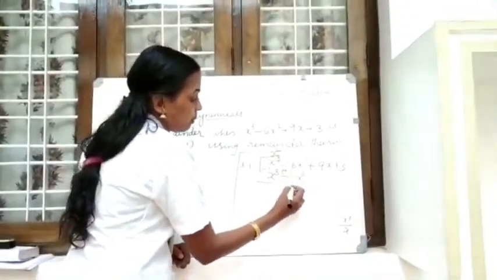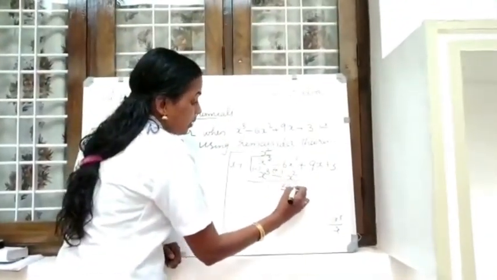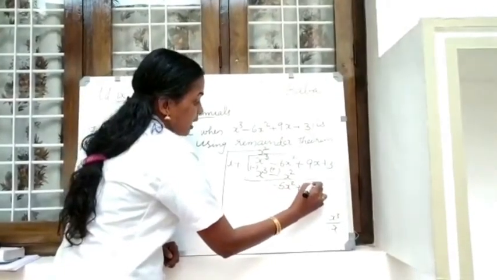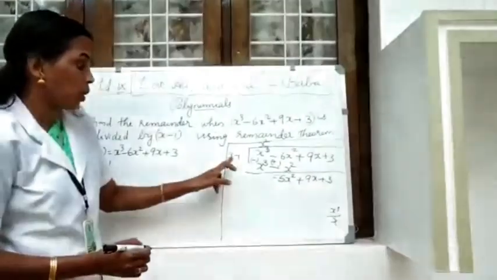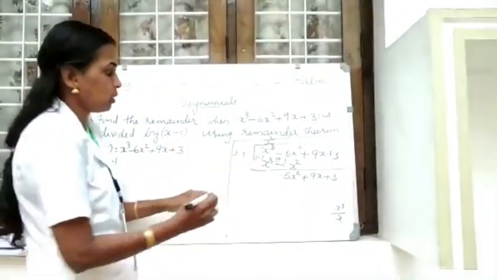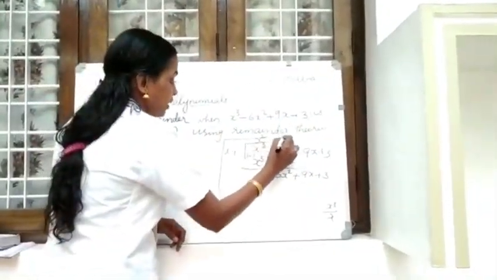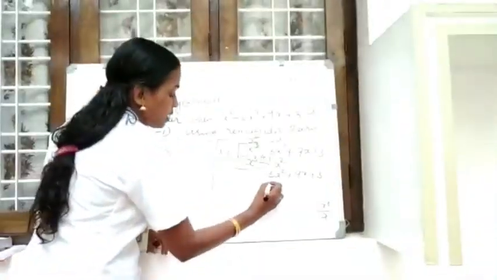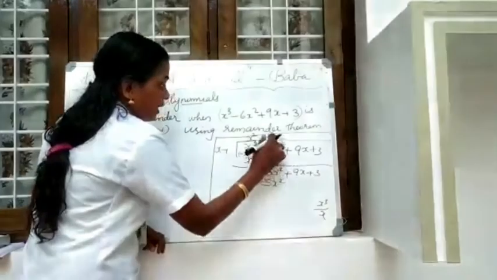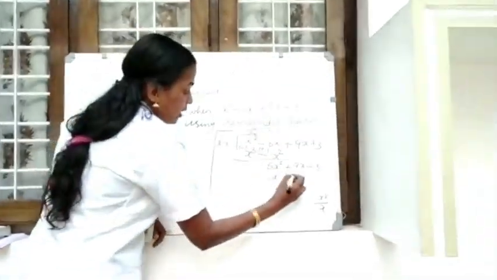Minus 6x square plus x square, minus 5x square plus 9x plus 3. Then minus 5x square by x is equal to minus 5x. Minus 5x into x, minus 5x square; minus 5x into minus 1, plus 5x.